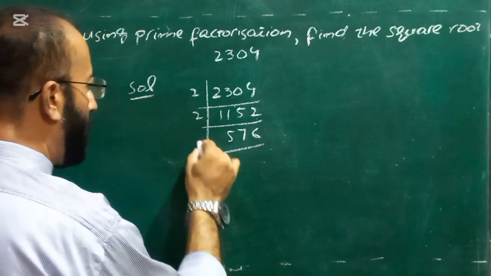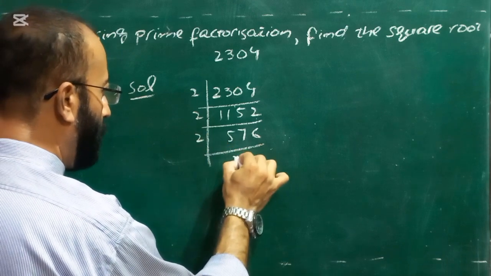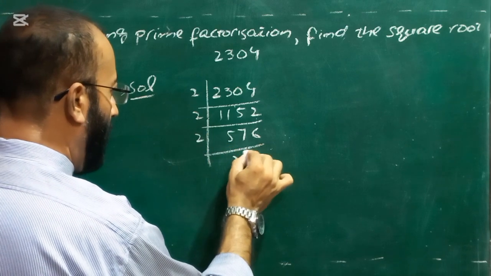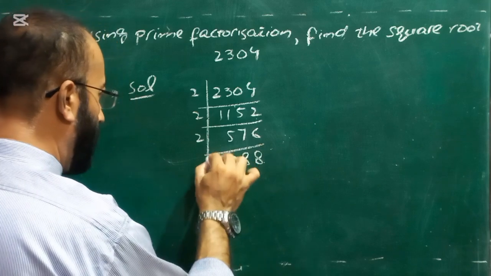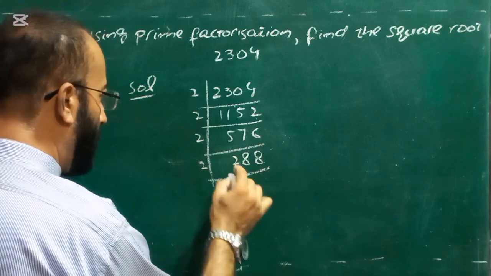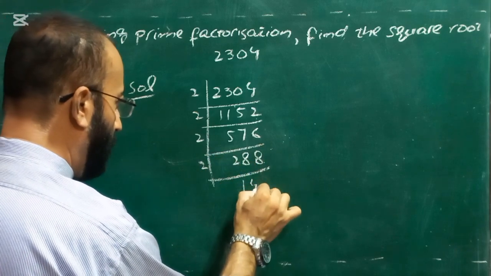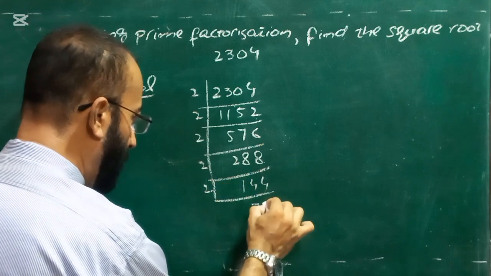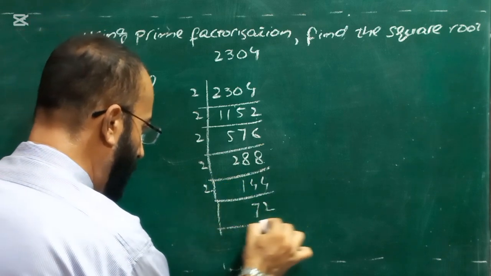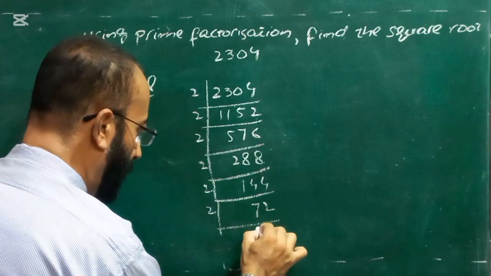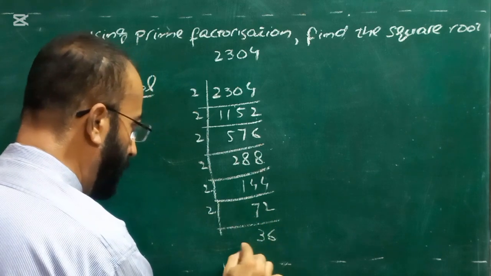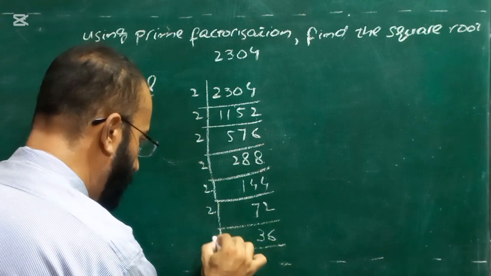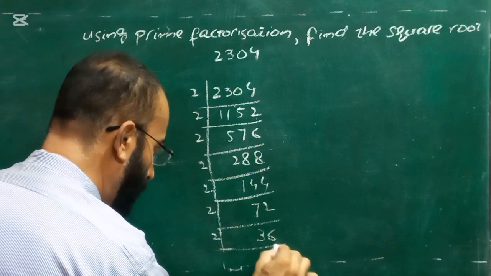Again in 2's table, 2 2s are 4, 2 8s are 16, 2 8s are 16. Again in 2's table, 2 1s are 2, 2 4s are 8, 2 4s are 8. Again, 2 7s are 14, 2 2s are 4. Again, 2 3s are 6, 2 6s are 12.